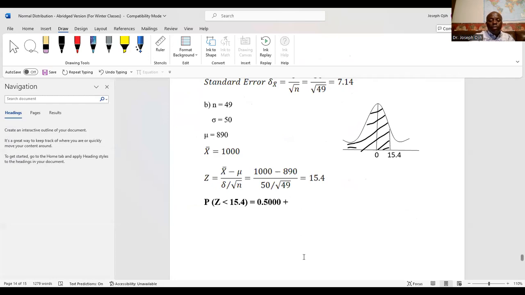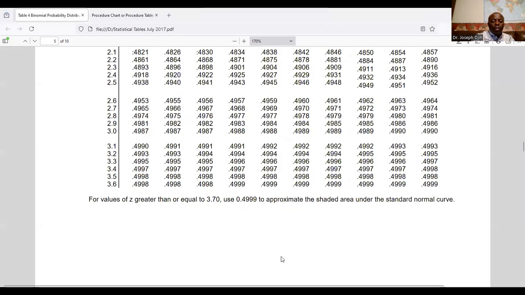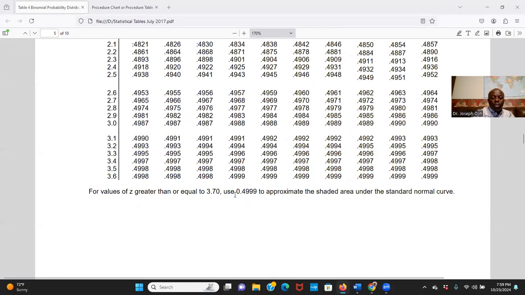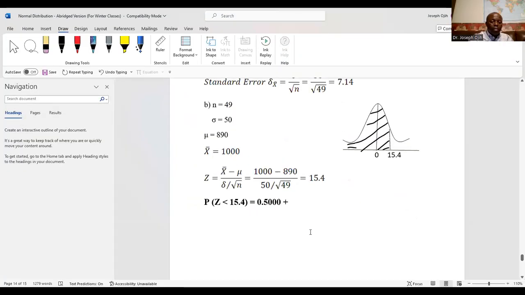For 15.4 we couldn't find it, so we use 0.4999. That means you add it, and it becomes 0.9999.